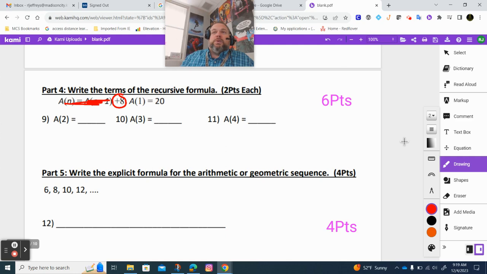So what is 20 plus 8? And then we're going to add 8 again. And we're going to add 8 again. So that's what you do, whether it says plus or multiply or whatever.